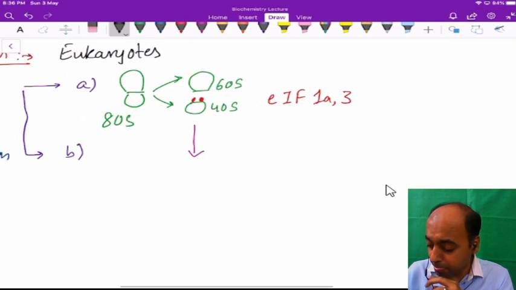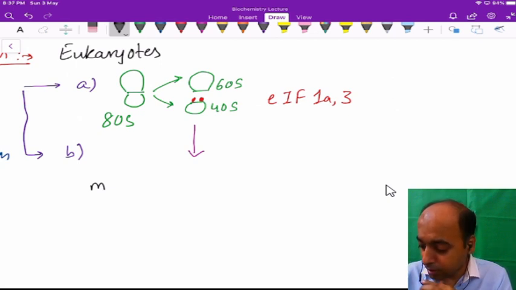Subsequently, the methionyl tRNA will come in.